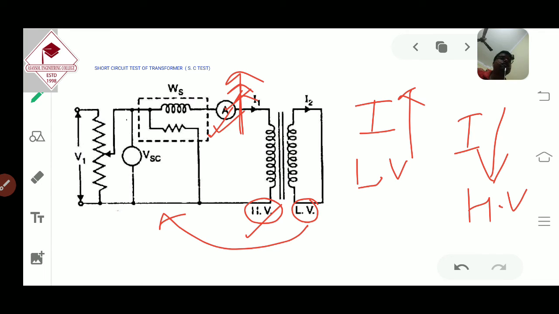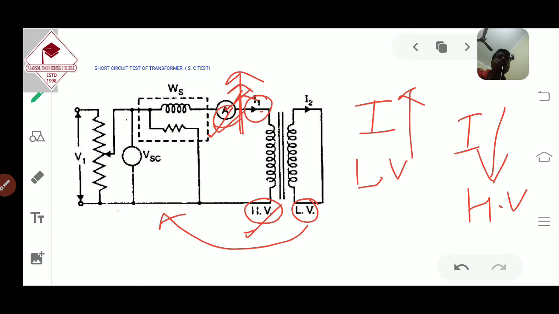It is safe to measure relatively low current in an ammeter, right? In the earlier case, in the open circuit test, this current was too low, but here it will become too high. So that is why we prefer the high voltage side here.